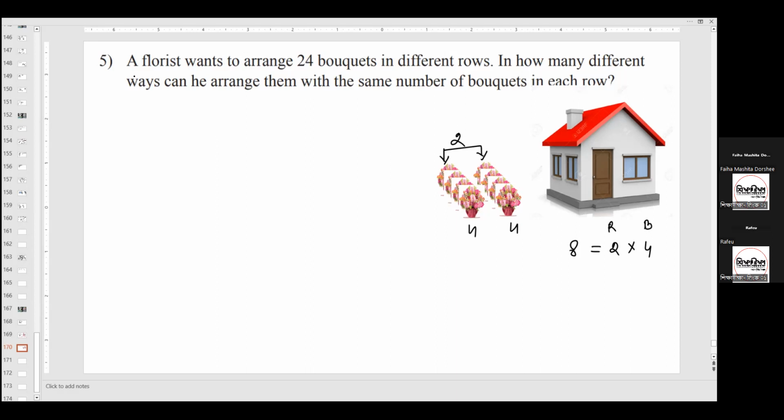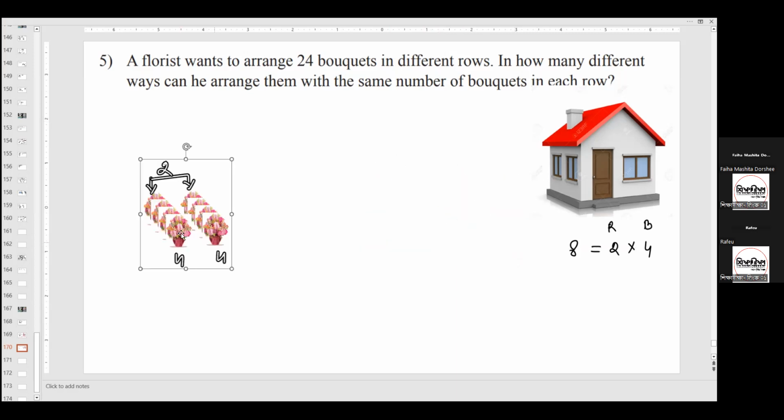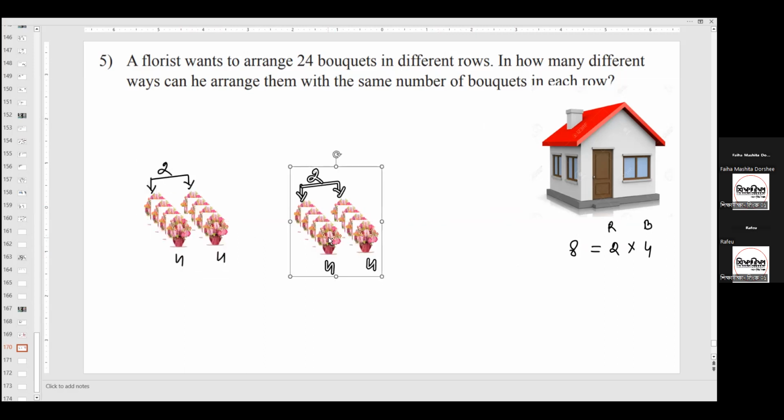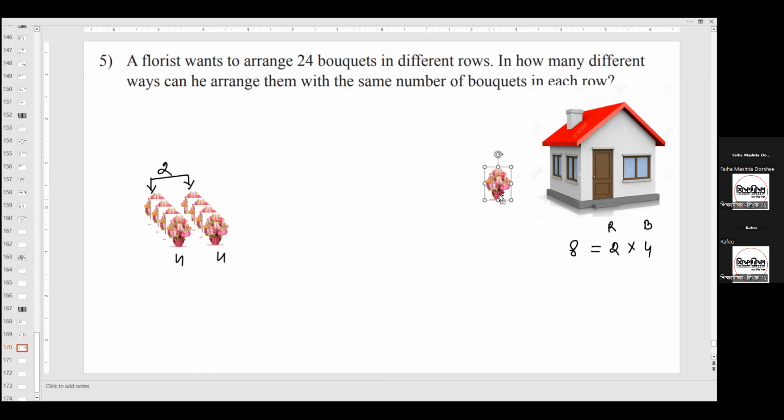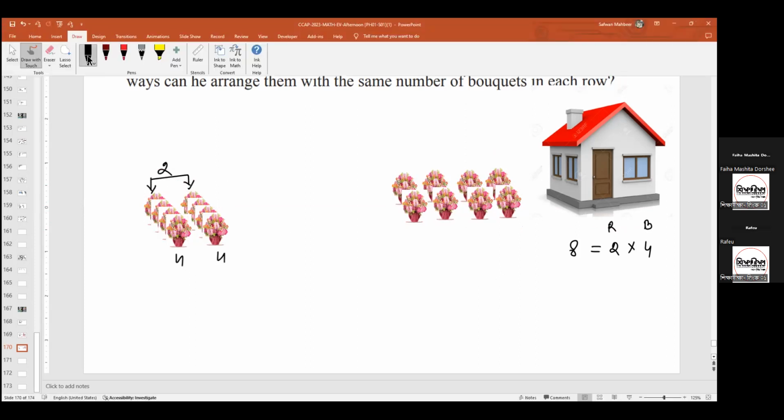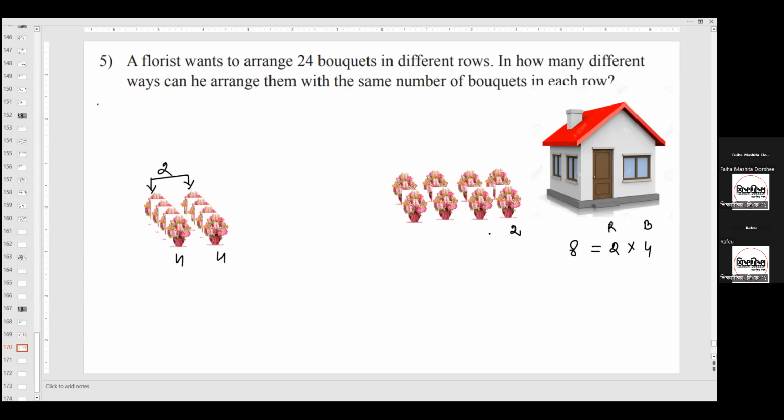Okay. But can we do something else actually? Can we do other than these? এখন প্রত্যেকটা রোতে কয়টা করে দুইটা। এখানে দুইটা এখানে দুইটা এখানে দুইটা, but how many rows?